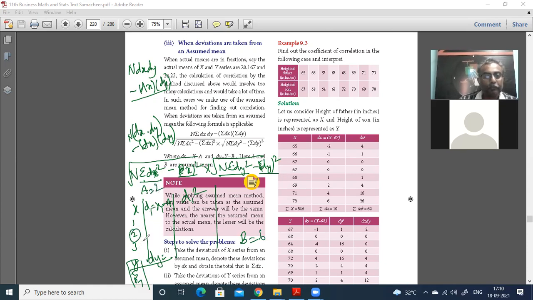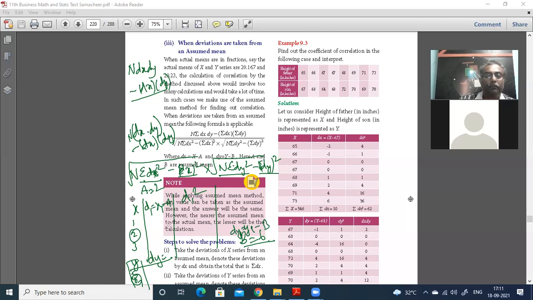Understand? Middle of that set of x, you take 2 as assumed mean; middle of the second set y, you take 6, assumed mean b is equal to 6. Then dy is equal to y of i minus b.